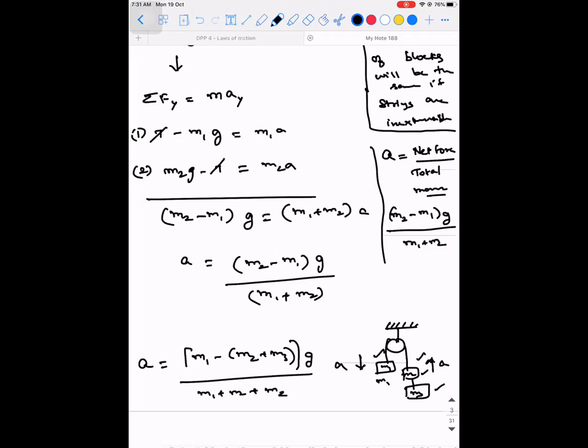What I'm trying to say here is greater mass minus lesser mass into g divided by the sum of all the masses, because this is going to be the unbalanced force acting on the system, the difference in those two forces, right? So like this, if you have any number of masses in the system, you can directly write down the answer. I hope it is simple.